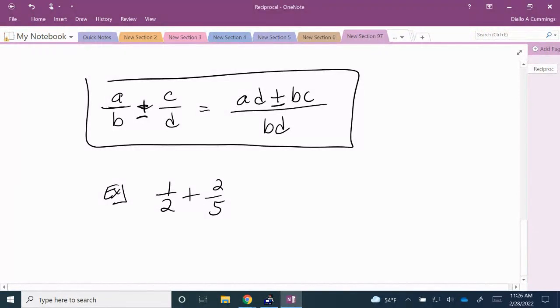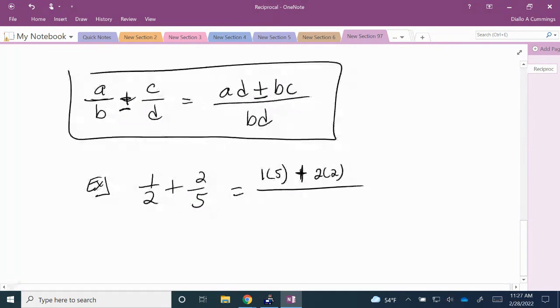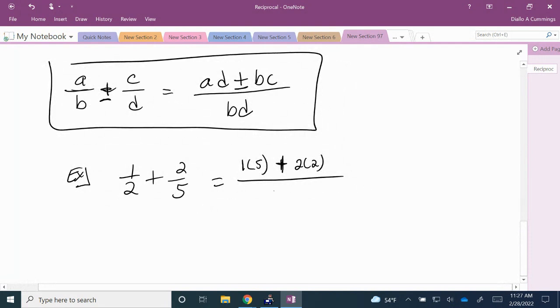I can cross multiply. 1 times 5 is 5. I'm just going to write this out first. 1 times 5 is 5. That's the A times D plus B times C. So I have 2 times 2 divided by my denominators, B times D, so 2 times 5.